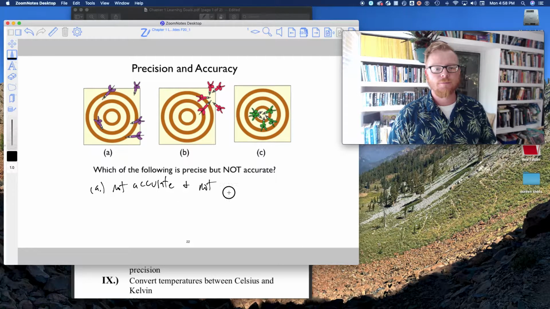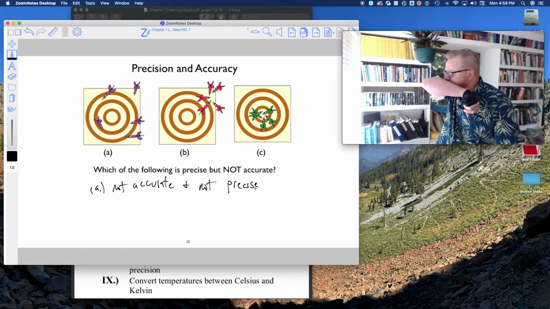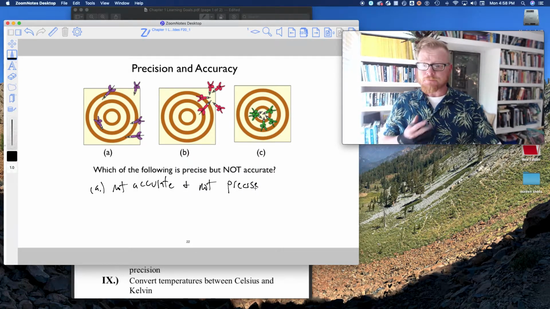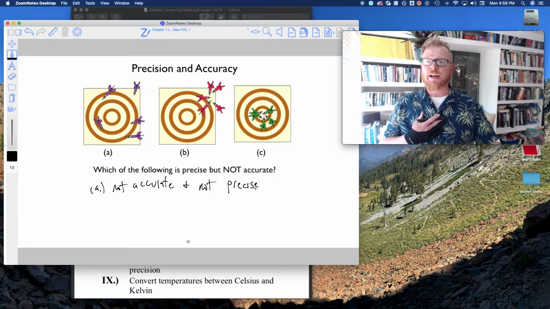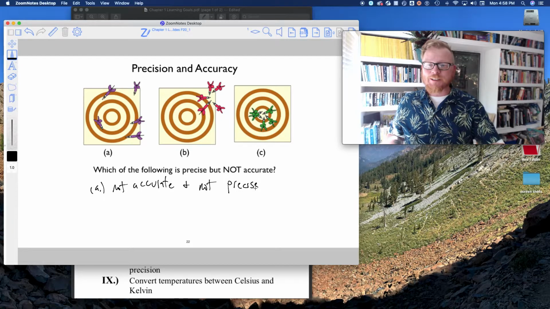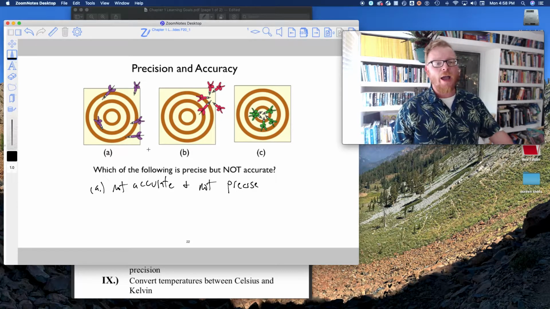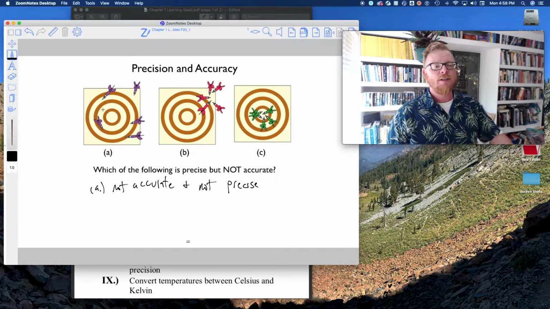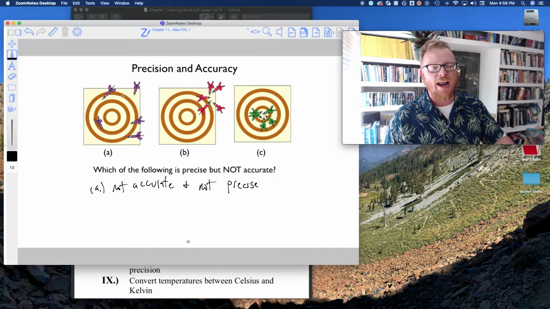And it's not precise. Excuse me, I got either a frog in my throat or recording 3 lectures in a row might be too much. We'll see. It's not precise because these arrows are all over the place, right? If we try to average this result, the uncertainty would be large.